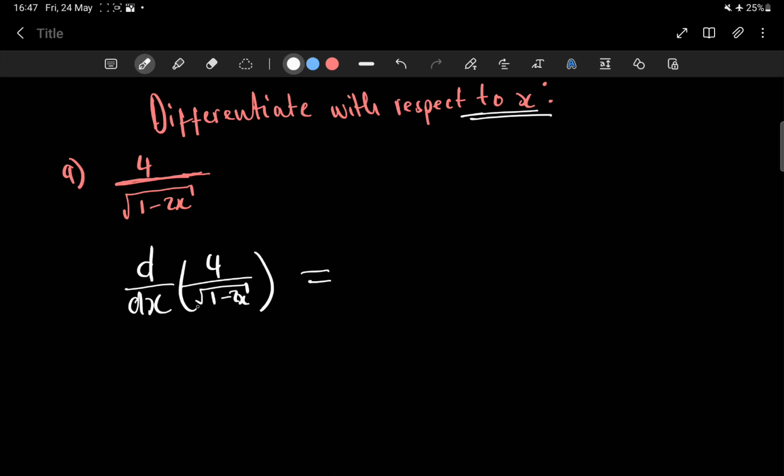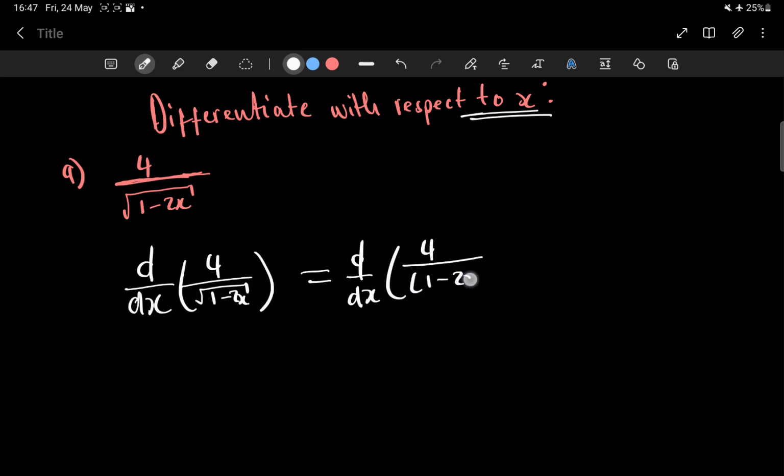Now we know that we can't differentiate yet if there is a square root and if we have our x in the denominator like this. We can't have x in the denominator and we can't have a square root on it. So let's fix those two things. So it will be d/dx of 4 over, first we get rid of the square root. Since it's just a square root, we know it will be the power of half.